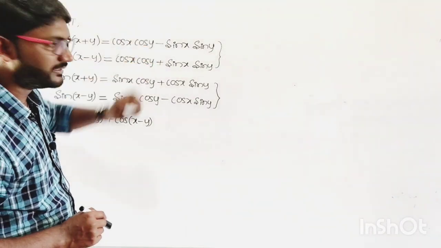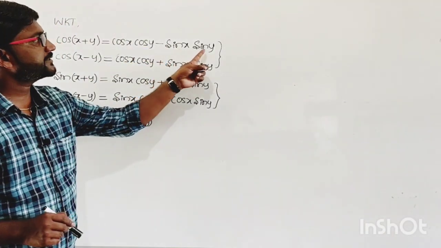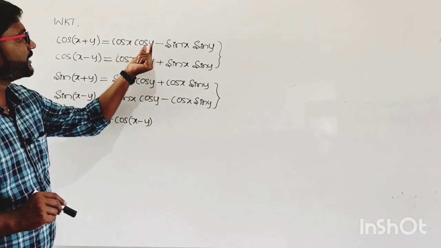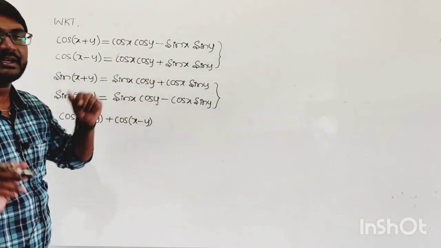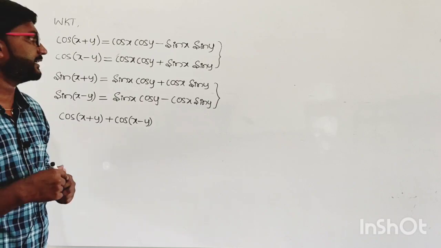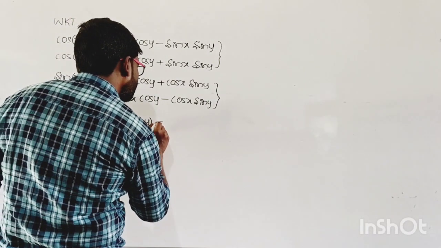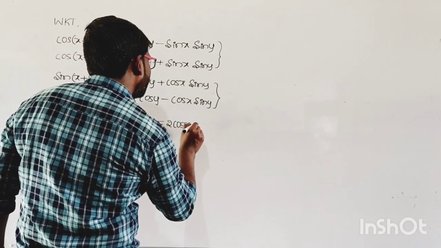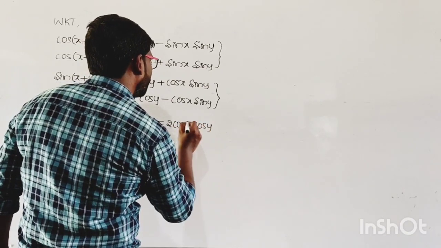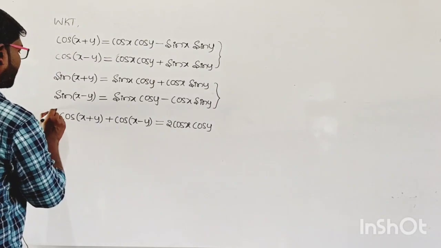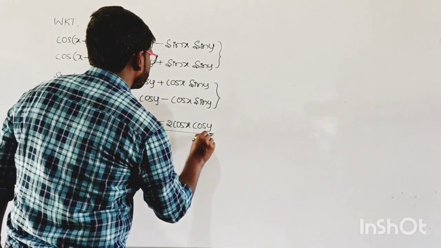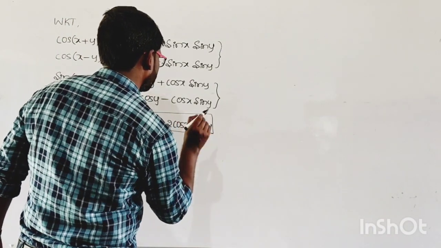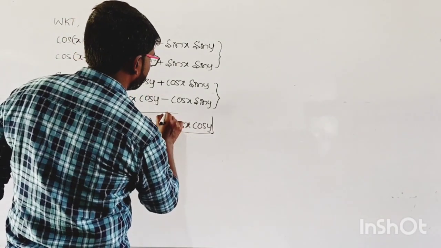Here if you add these two, minus sin x sin y and plus sin x sin y cancel. We get cos x cos y plus cos x cos y, that is nothing but 2 times cos x cos y. So this is the standard result.